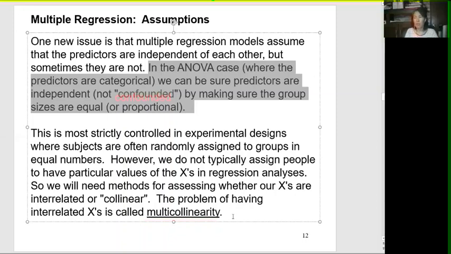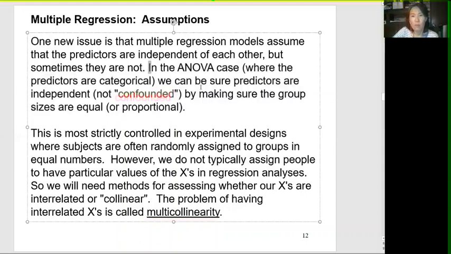Multicollinearity can be thought of as correlation among X's. We want to have a high correlation between X and Y, but we do not want to have a high correlation between X and the other X. That is high multicollinearity.